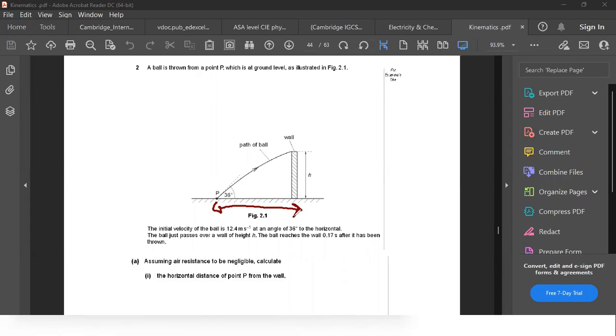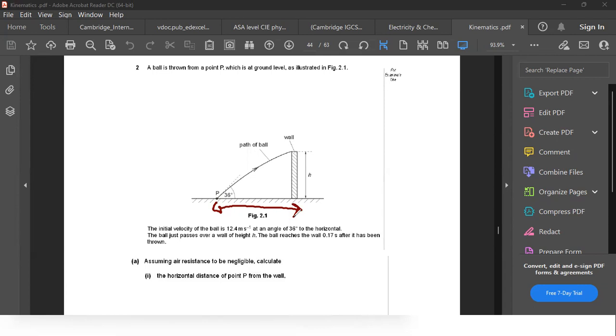Even if you were using any equation at all for the horizontal distance, you need to use horizontal velocity in your calculations. You cannot use the vertical velocity. Just like that, for the vertical distance, you need the vertical velocity. It's a necessary thing.